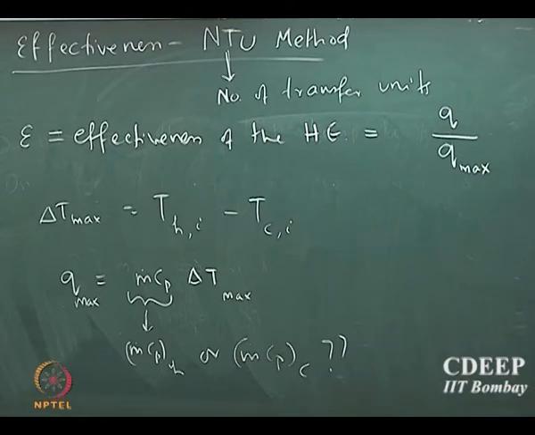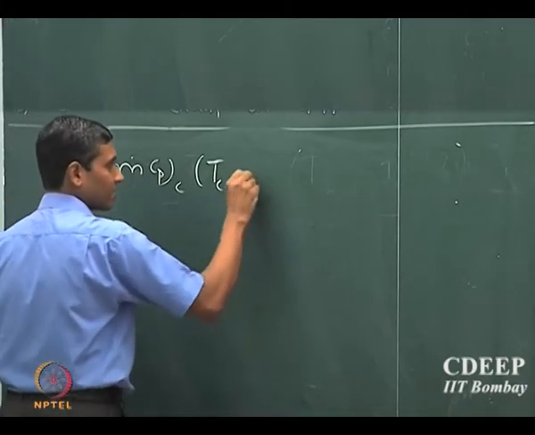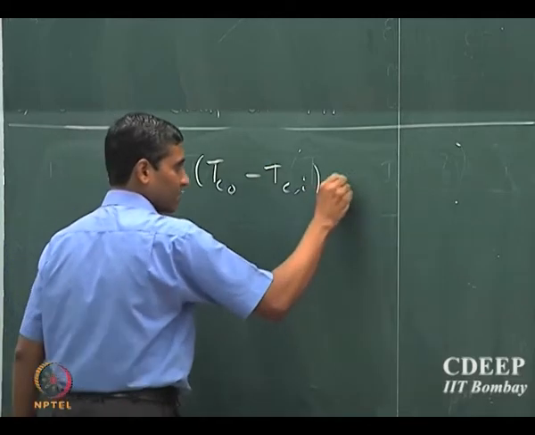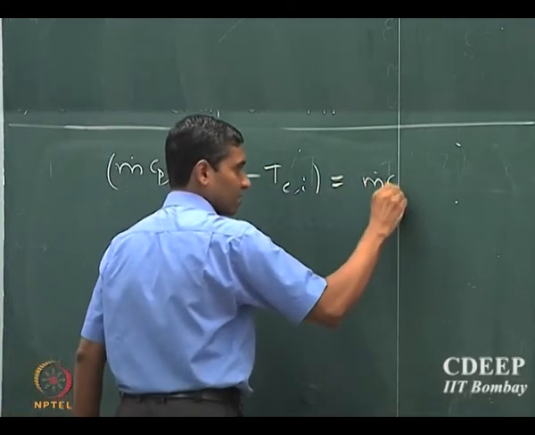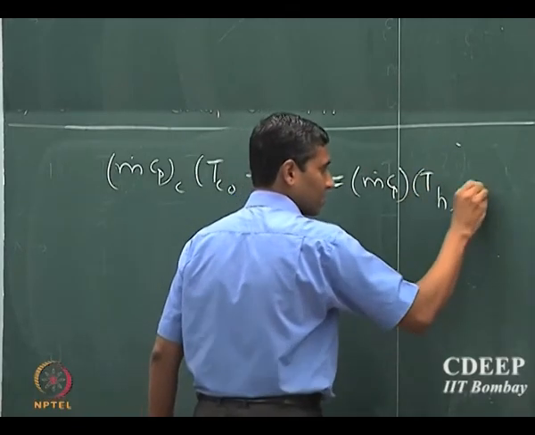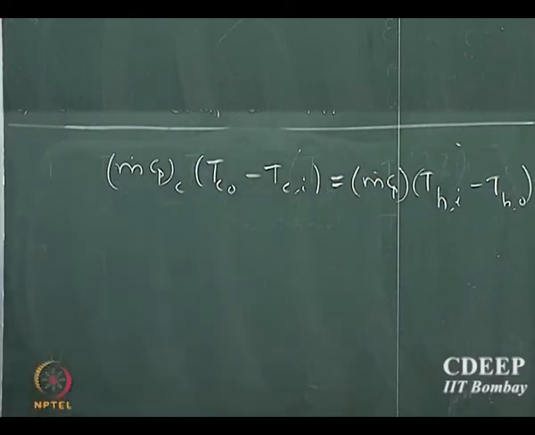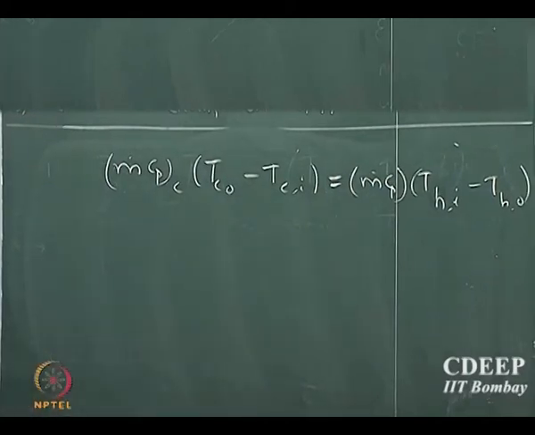Suppose I say that, under steady state conditions, m dot Cp of the cold fluid times its temperature change equals that of the hot fluid. That is the simple steady state balance.